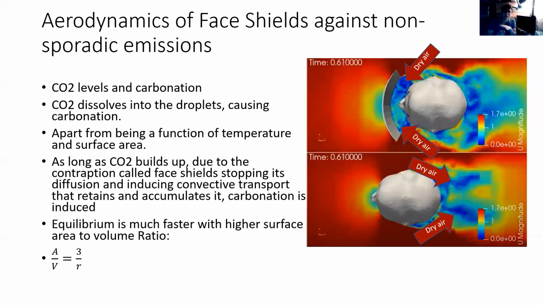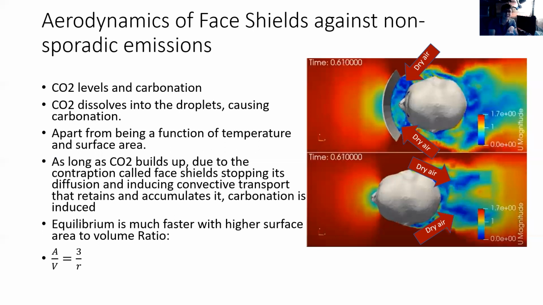So in order to achieve equilibrium, apart from the mechanical side, there has to be high pressure or high heat in order to enforce or to accelerate carbonation. Of course, there has to be saturation of CO2 levels.